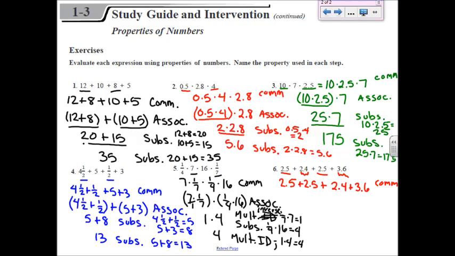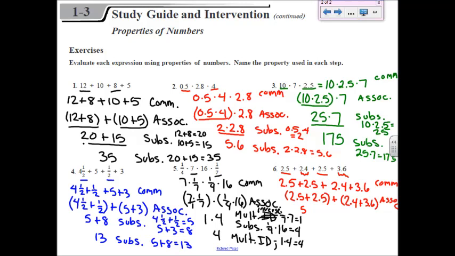Then I'm going to do the addition of the 0.5s first. I'm going to put them in parentheses. And then I'm going to do the 2.4 and 3.6 together by putting it in parentheses. And that's by the associative property. And then 2.5 plus 2.5 is 5.